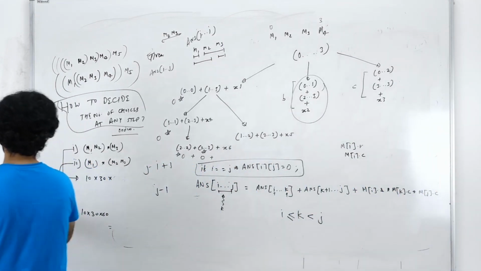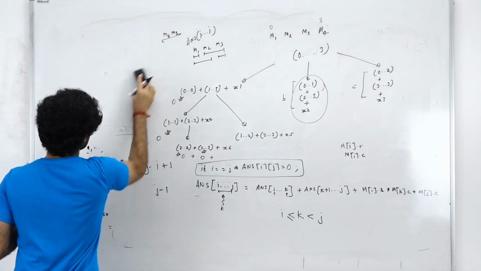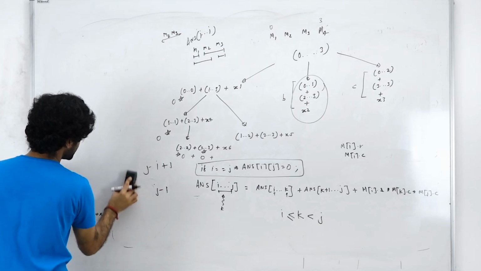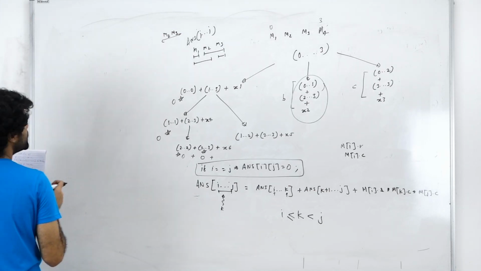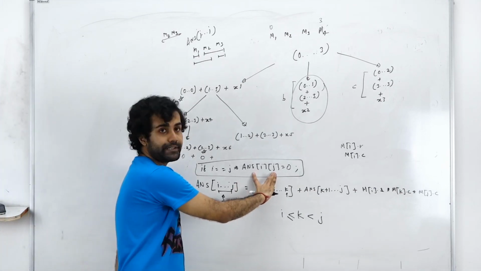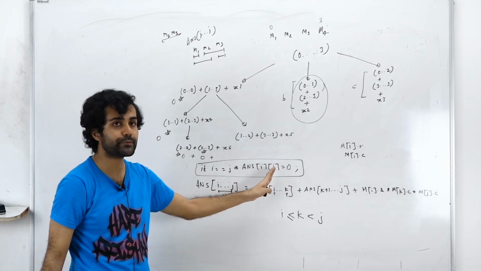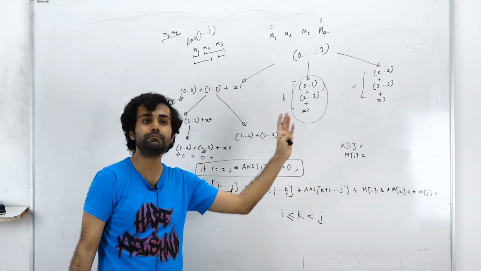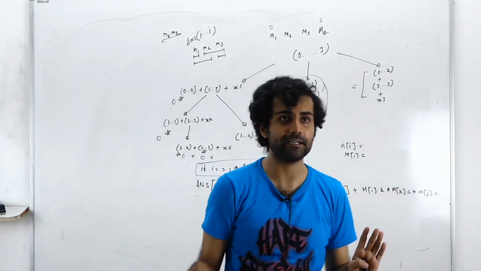So let us all look at the board. What was the physical interpretation of this? If I consider mi, mi plus 1, mi plus 2, mi plus 3, up to mj minus 1 and mj, then what is the minimum cost of multiplying them?